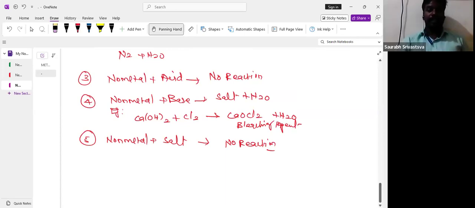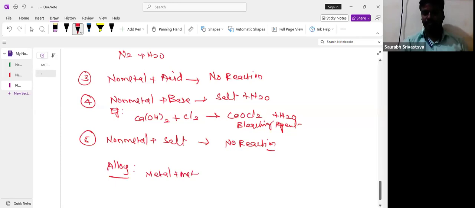Okay. Next case, remaining is alloy formation. You know this about alloys. What is meant by alloy? Alloy means either metal plus metal, intermixing of metal and metal, or metal plus non-metal. Then you will get a true solution, a metal solution.